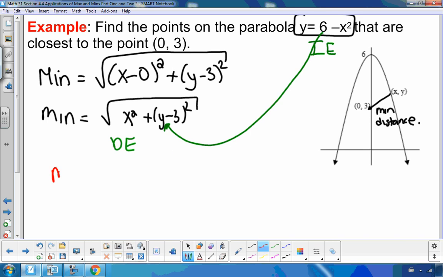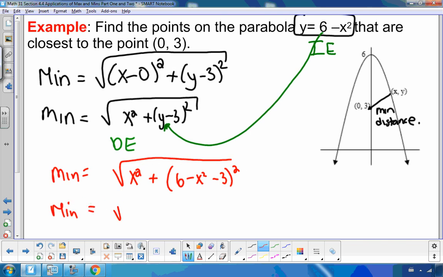Okay, so I have minimum equals the root of x squared plus, instead of y now, I'm going to use 6 minus x squared minus 3 squared. So that's going to be x squared plus, so I have 6 take away 3 is 3 minus x squared.